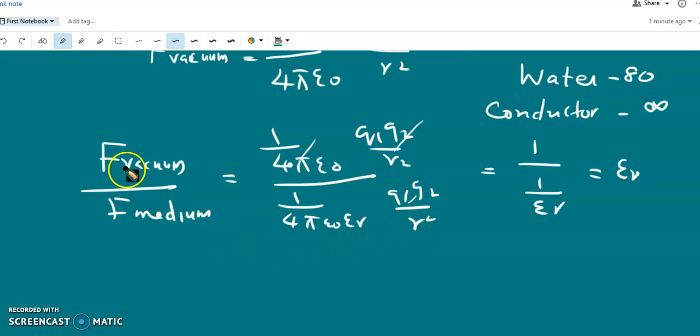So the force in vacuum is always greater than any other medium. Since epsilon r is greater than 1, the ratio is always greater than or equal to 1. For free space it is 1, and therefore the force in vacuum is always the largest quantity compared to the force in any other medium.